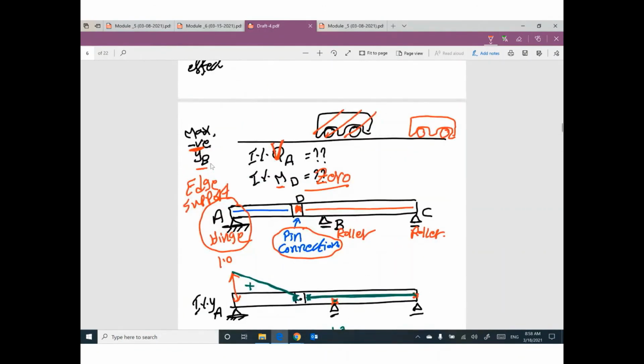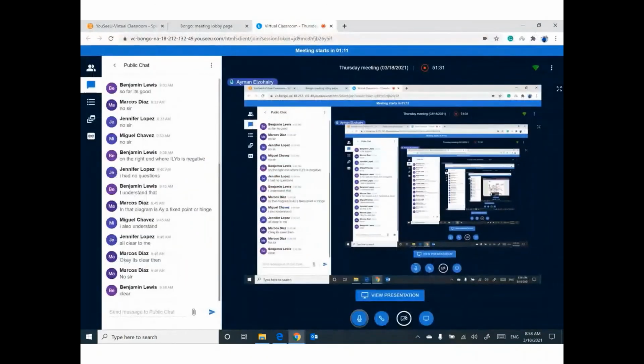Any question for this point? Keep in your mind, if I'm asking for influence line for moment at a specific point, and this point is pin connection, we don't have diagram. You have to say 0.